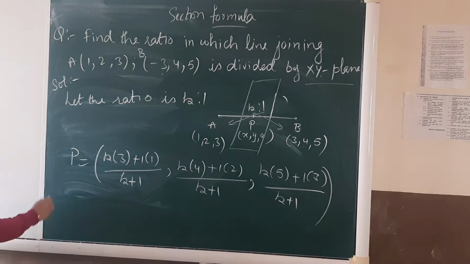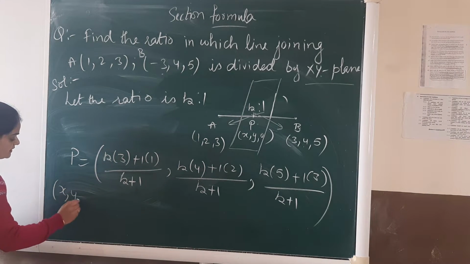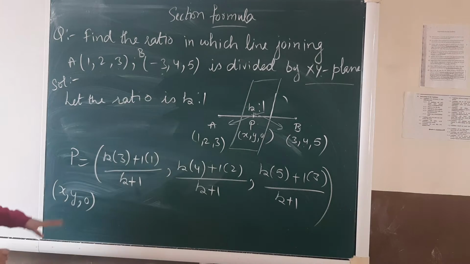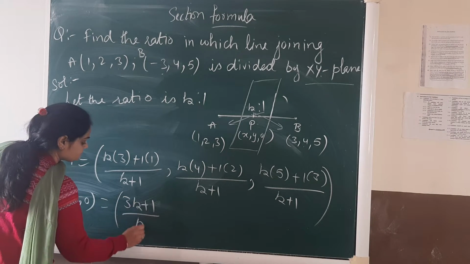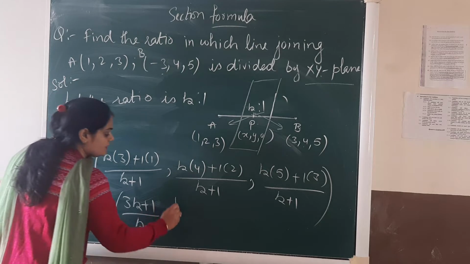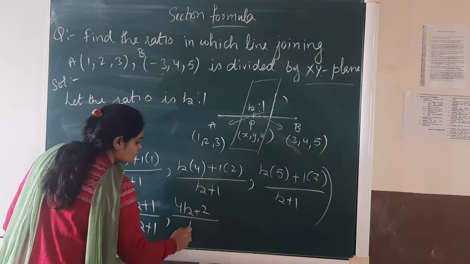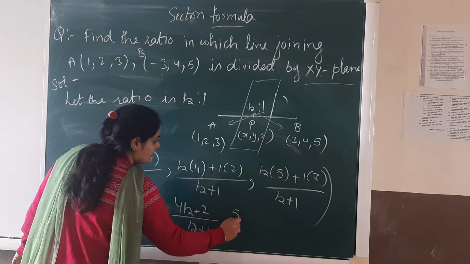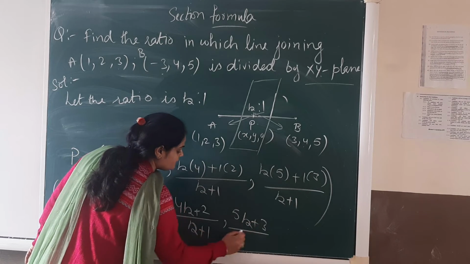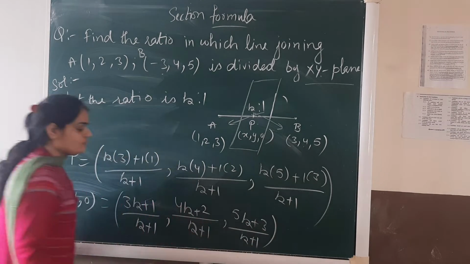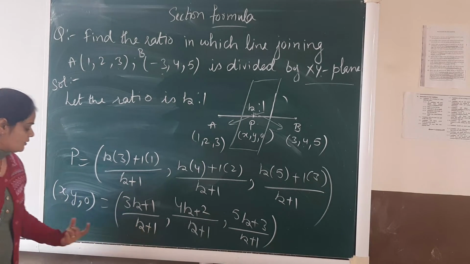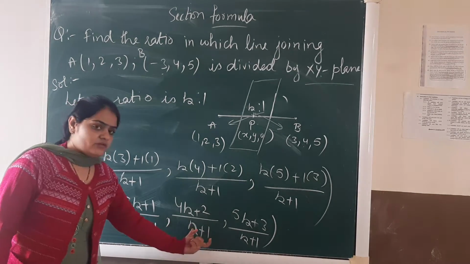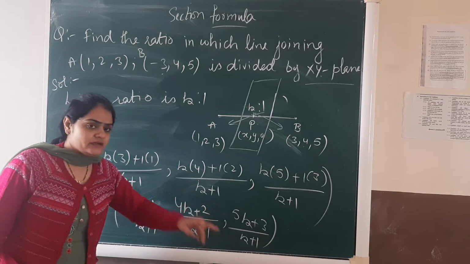This is your P point, and we already know that it is lying on the xy plane, so it is in the form x, y, 0. It is 3k plus 1 upon k plus 1, 4k plus 2 upon k plus 1 and 5k plus 3 upon k plus 1. Now we can compare: x is equal to 3k plus 1 upon k plus 1, y is equal to the y coordinate, and 0 is equal to the z coordinate.